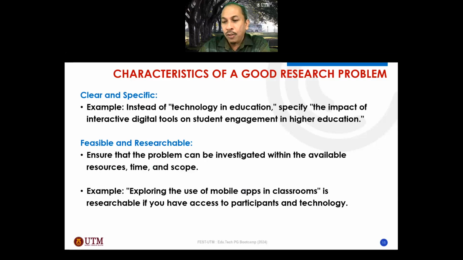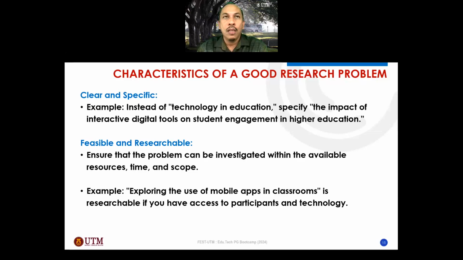So before you jump to conclusions or specify your research problem, you need to know the simple, basic characteristics of a good research problem. The first one: clear and specific.